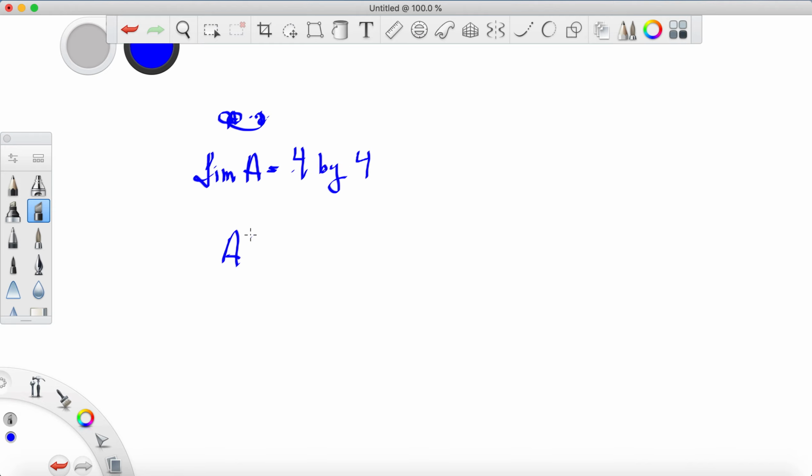Then A squared is going to be A times A, and both of the inner indices are 4, they match, and so the size of the new matrix is going to be those dimensions, which happens to be 4 and 4, and so that tells us that the dimension of A squared is 4 by 4.